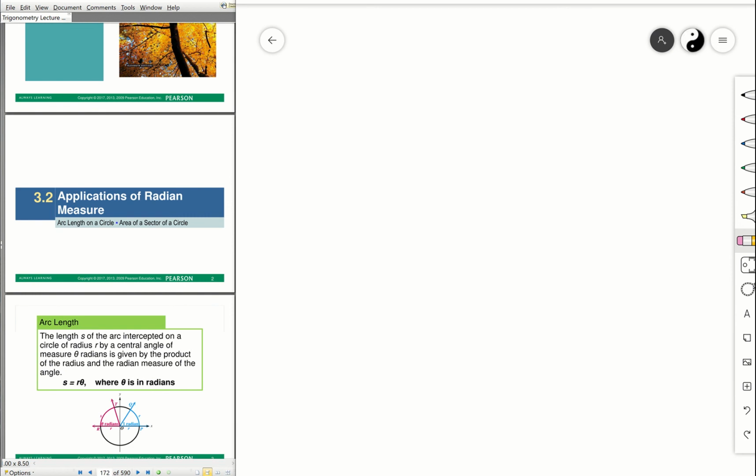So what we would like to do this time is take a look at a circle of radius r again and look at an angle, not necessarily just 1 radian, but some unknown amount, say theta radians.